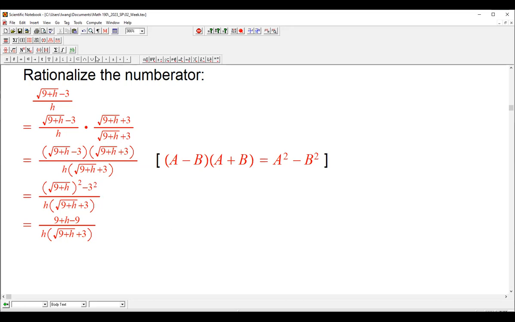In this case, we were using this result: the square root of something, omega, squared equals omega.